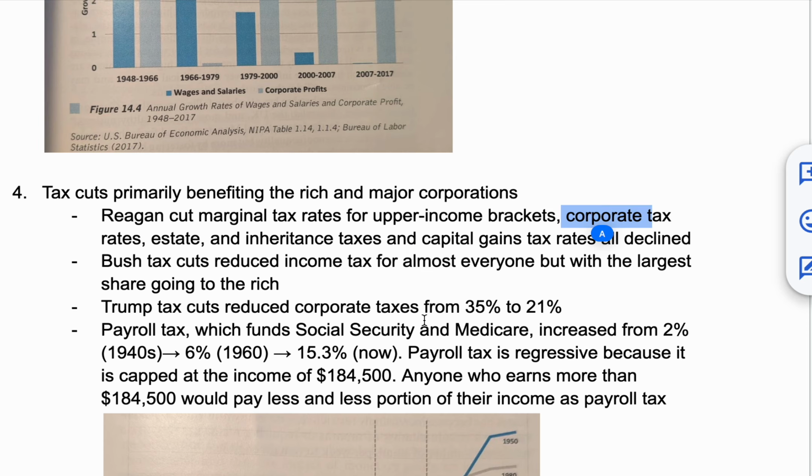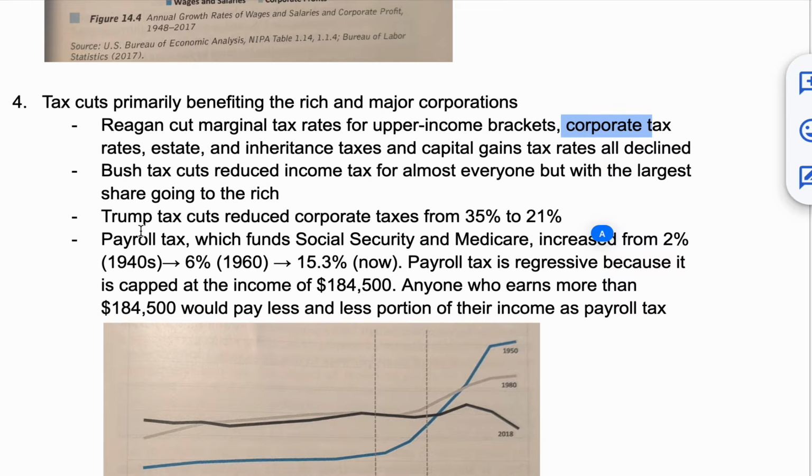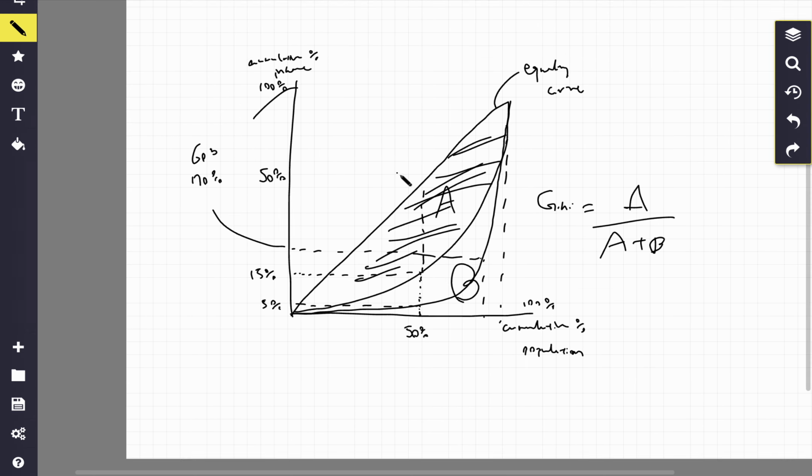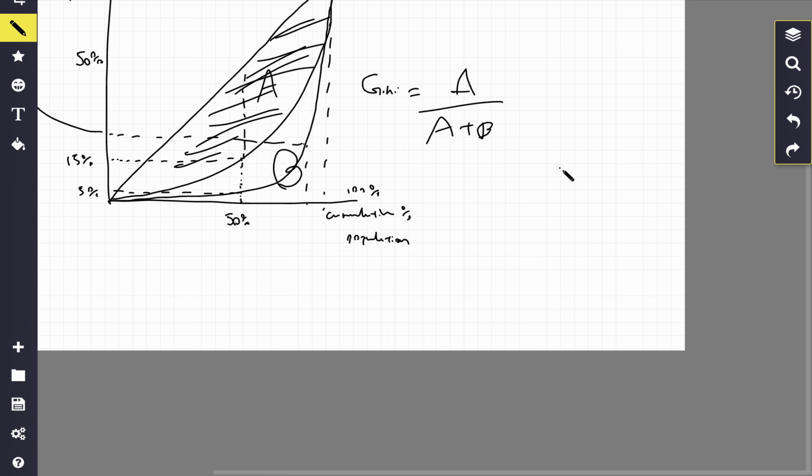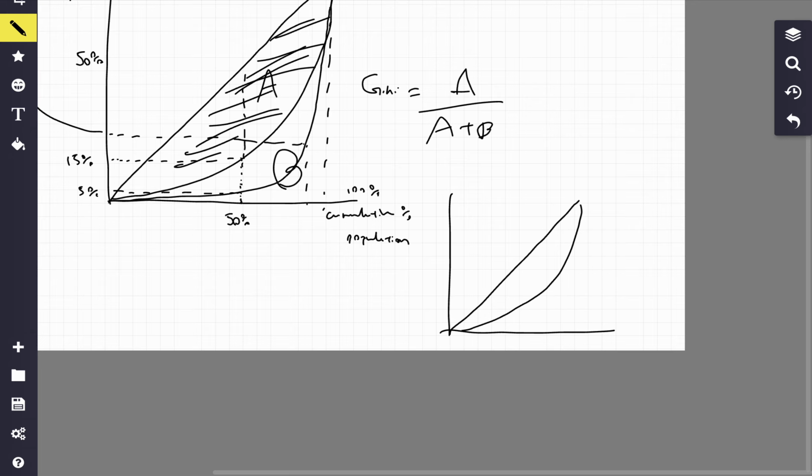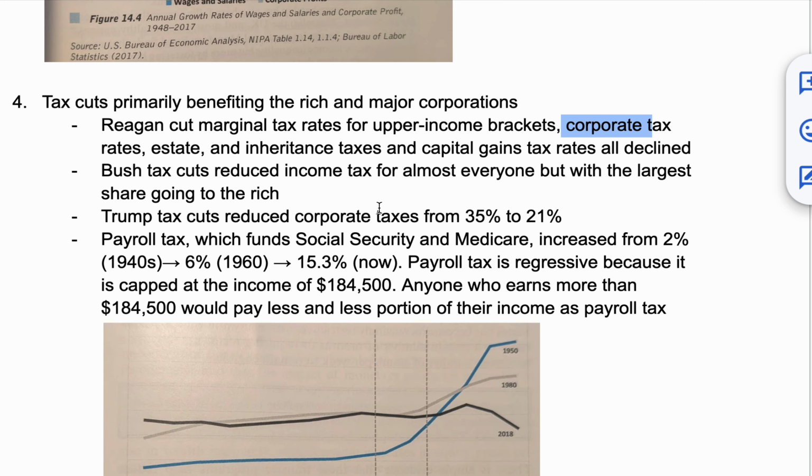So he basically cut taxes for rich people, and obviously that would, by definition, increase the inequality in terms of the Lorenz curve. It is obvious, right? The U.S. economy had a Lorenz curve here, but it's going to expand like this. So that's what happened during his administration.